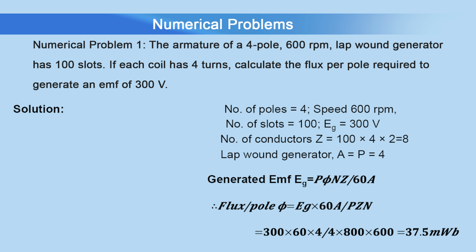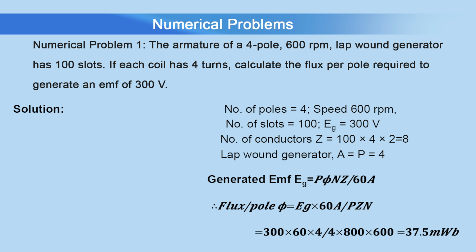So substitute those values in the EMF equation of a DC machine, which is EG is equal to P phi NZ upon 60A. By reshuffling, the flux per pole is equal to EG into 60A upon P into Z into N. If you substitute those values, at the end you will get the flux per pole, which is 37.5 milliweber.